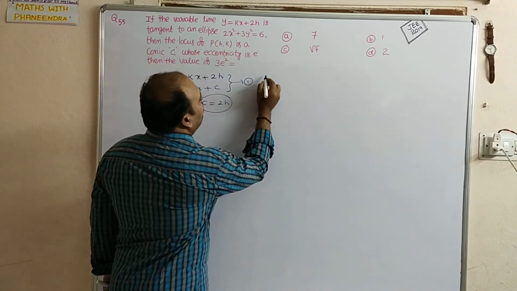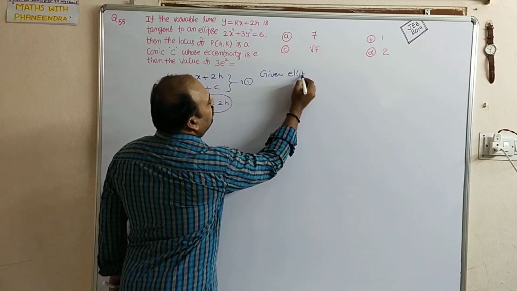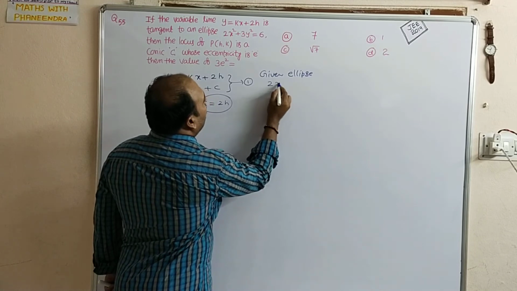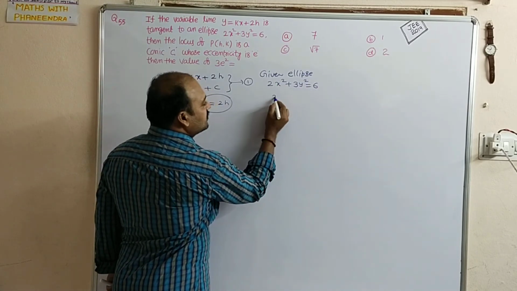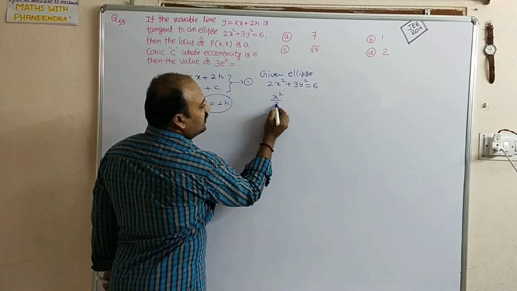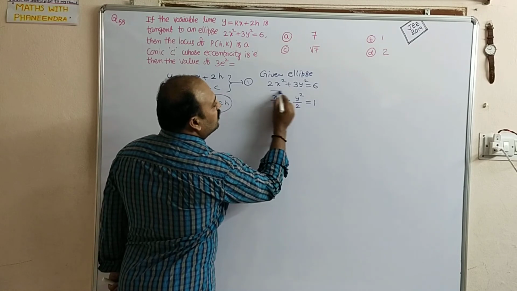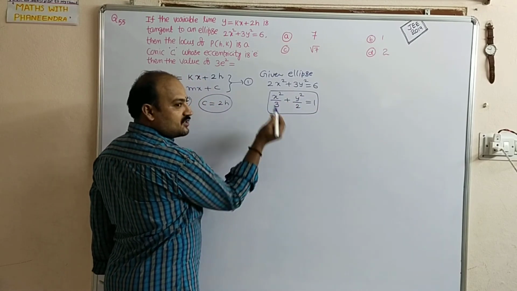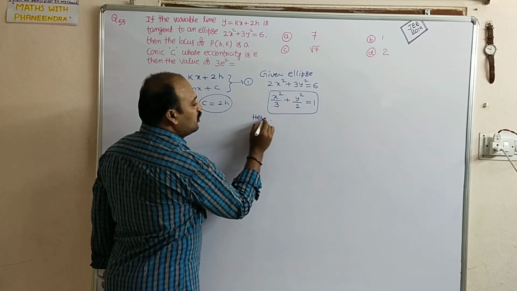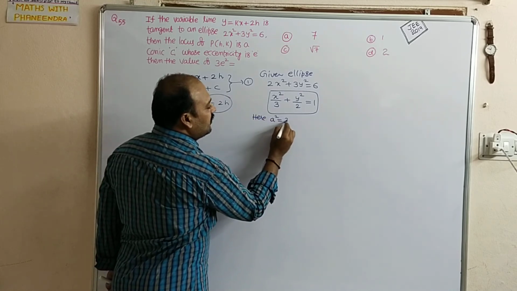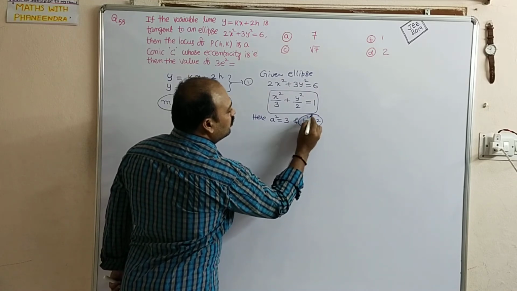Given ellipse 2x square plus 3y square is equal to 6, dividing by 6, x square by 3 plus y square by 2. So this you have to compare with the standard equation of ellipse. Here a square is equal to 3 and b square is equal to 2.